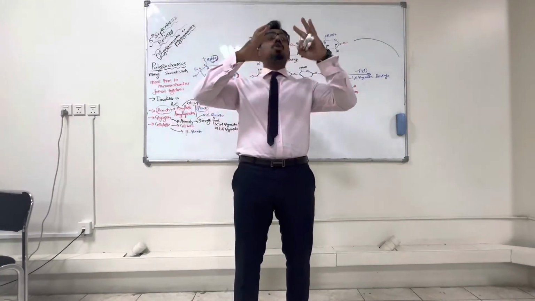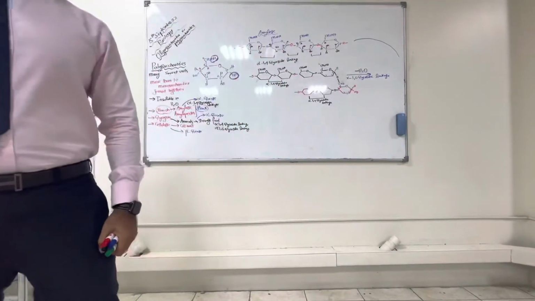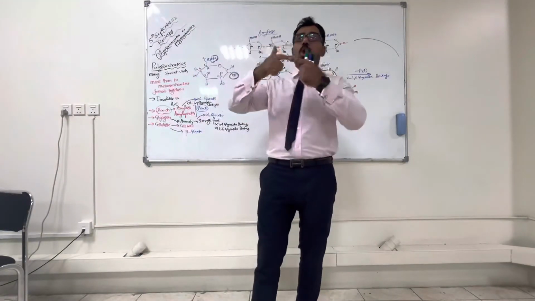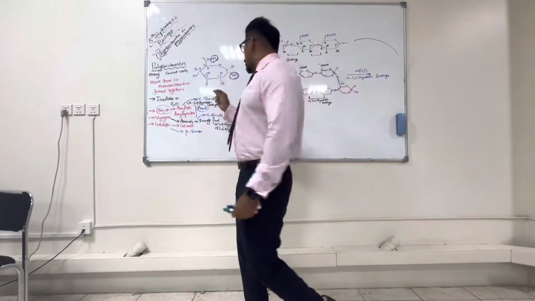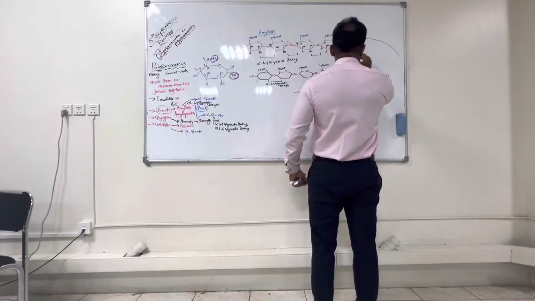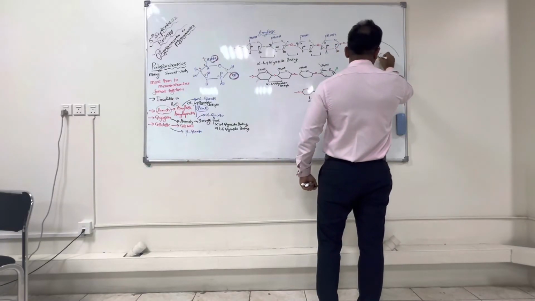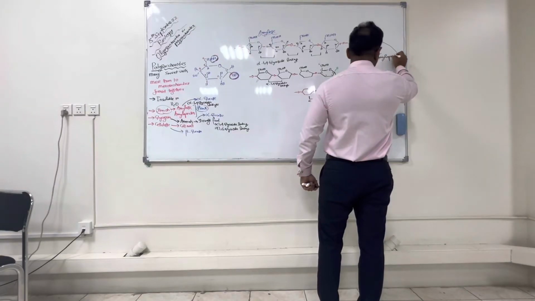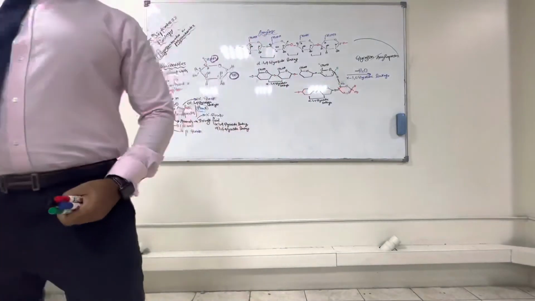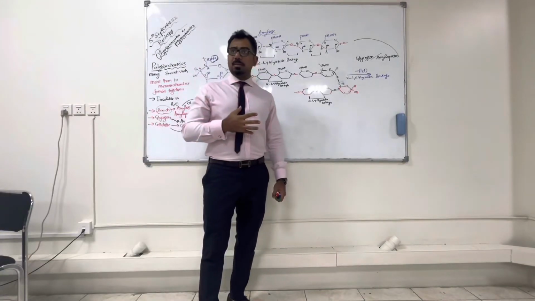It has become more complex. It's not one chain now. It's more than one chain connected, joined together. So the amylopectin and glycogen, they have a structure like this.